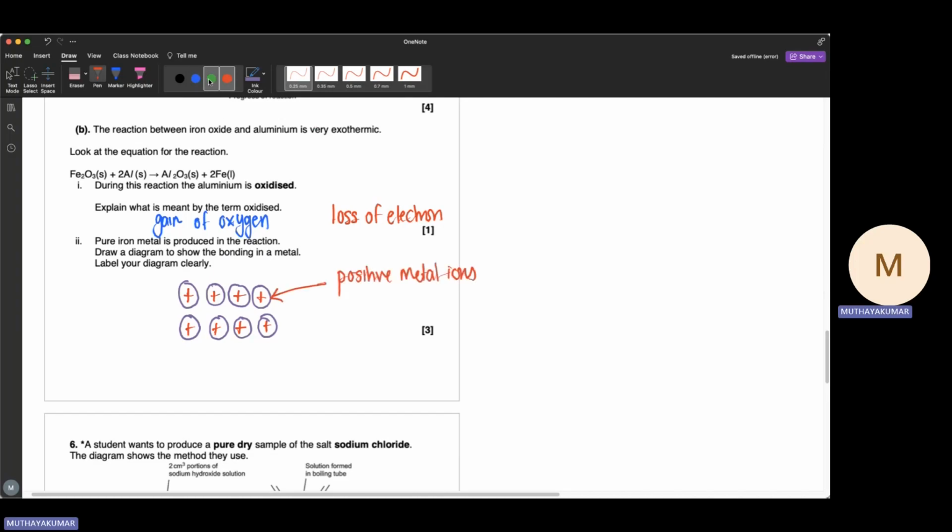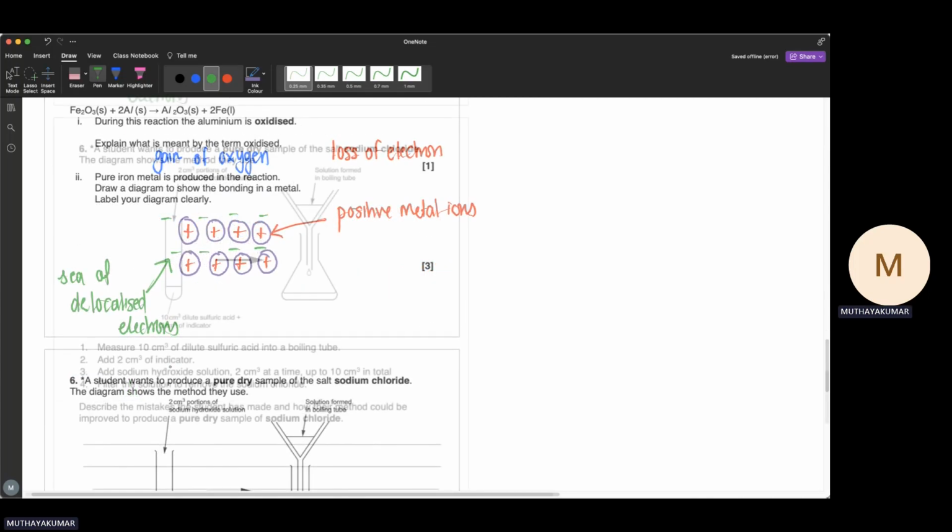Now the other part of the metallic bonding diagram are these negative charges, which are the electrons. And there is a term that we use to describe these electrons, and that is delocalized. So these electrons are described as delocalized electrons.